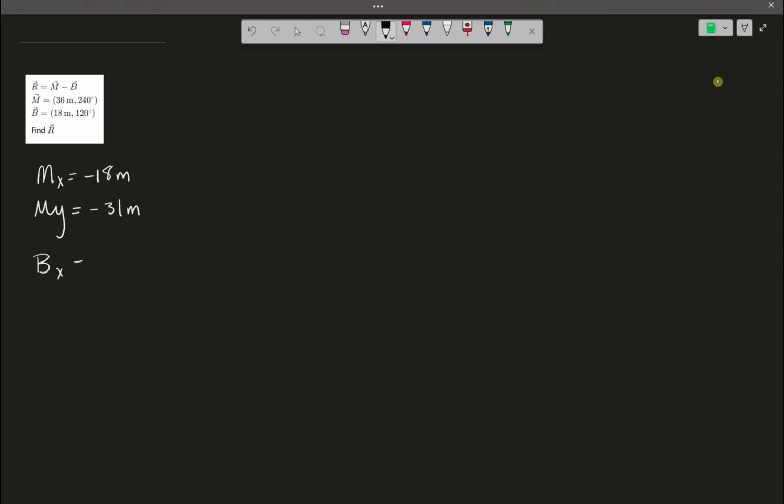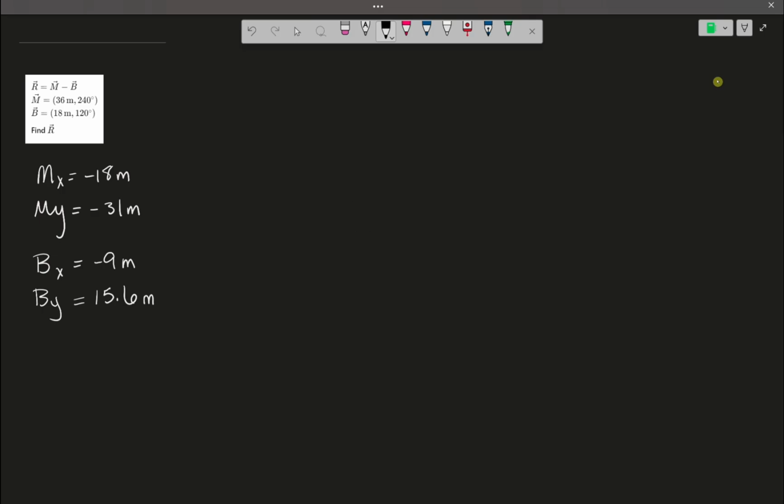And vector b has an x component of negative 9 meters and a y component of 15.6 meters.